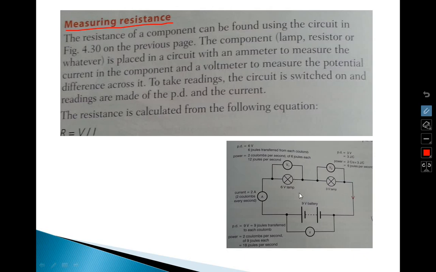It can be found using this circuit. As we said, any component, lamp, resistor or whatever, is placed in the circuit with an ammeter, which we use to measure the current in that component, and a voltmeter to measure the voltage or potential difference.